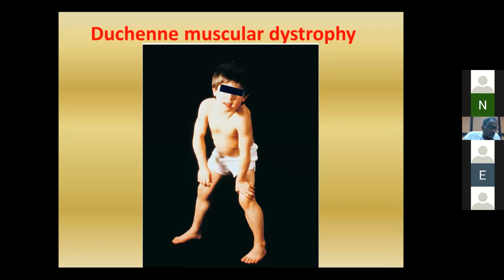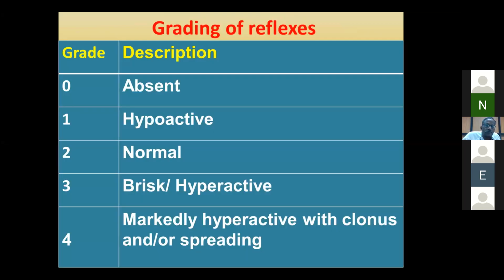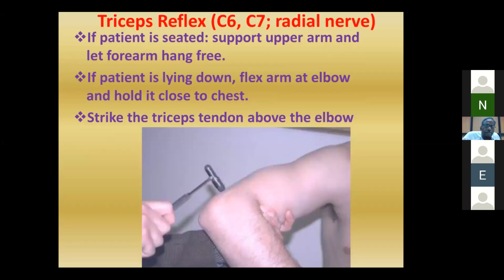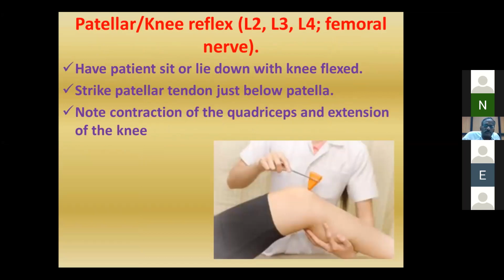Reflexes: there are superficial and deep reflexes, as I told you. Grading of reflex: absent, hypoactive, normal, brisk, more brisk. This is the biceps reflex, C5, C6, musculocutaneous nerve; triceps, C6 and C7, radial nerve; T6 to T12 for the abdominal reflex; and this is the knee reflex, L2, L3, L4, femoral nerve; S1, S2 for the tibial nerve.